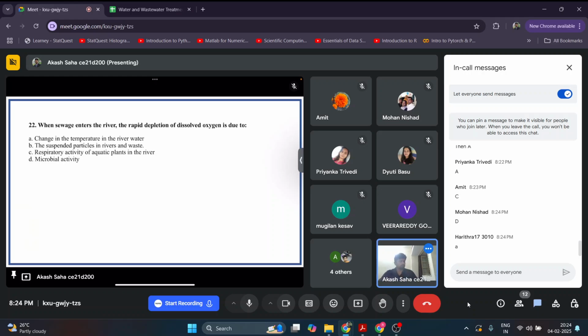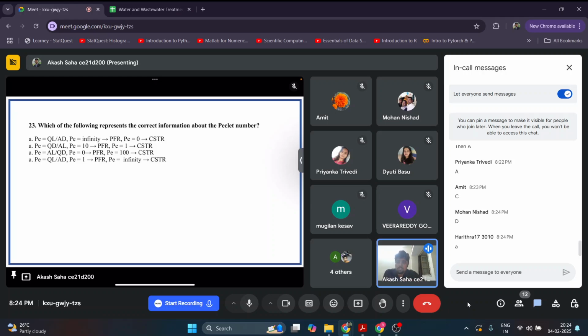D. So it's a direct answer. It is D because of the microbial activity only. They will use up this dissolved oxygen to degrade the organic matter. That is known as biodegradation. So this is due to the microbial activity only.